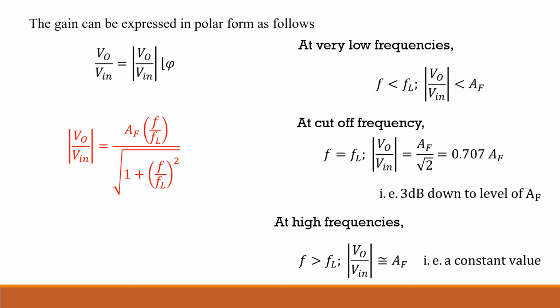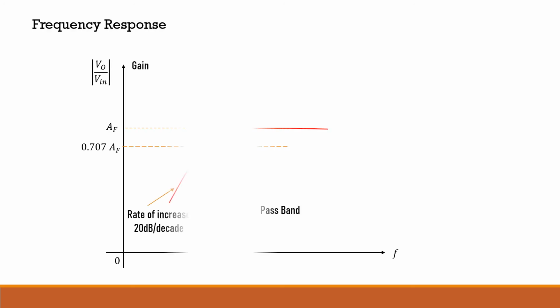These things can be plotted in the frequency response curve of the high pass filter. Looking at the frequency response, initially there is an increase in the response at the lower frequencies. At the cutoff frequency, it will be equal to 0.707 times AF, and for frequencies above fL, all the signals are allowed to pass, so it is called the pass band.